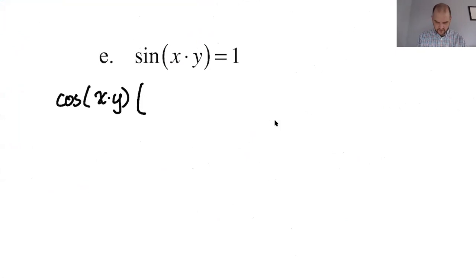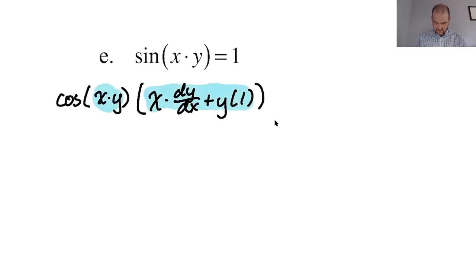It's a product, so product rule: first times the derivative of the second plus second times the derivative of the first. It's the product rule applied to this, so this gave us all of this. That's great. And then equals 0 because we don't want to make that mistake.